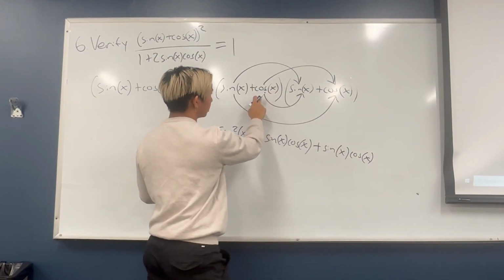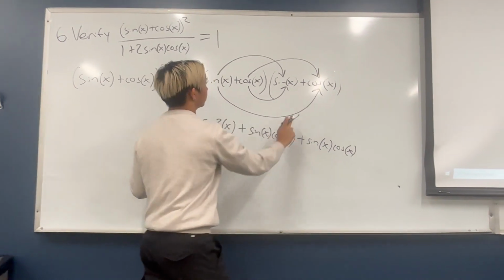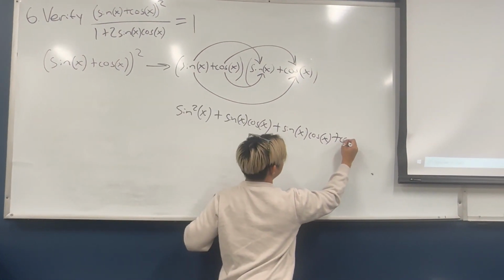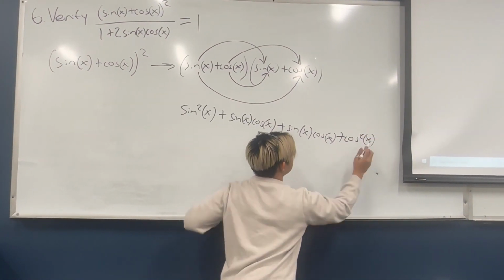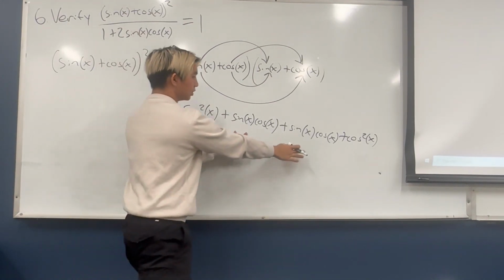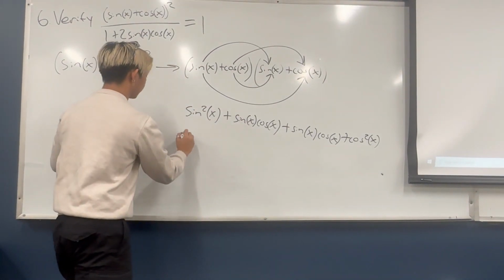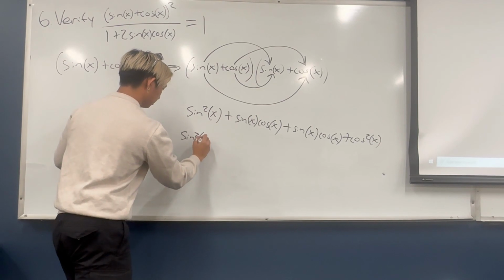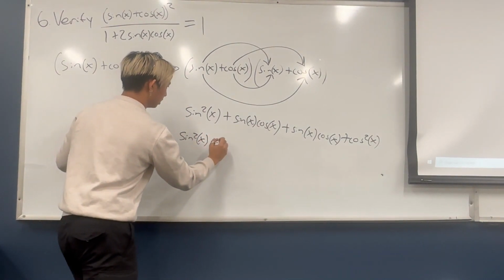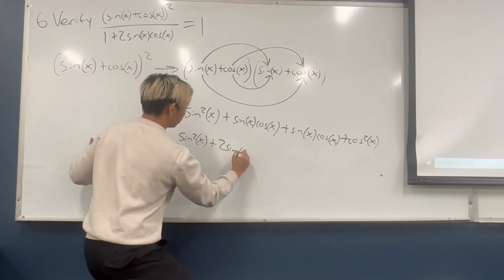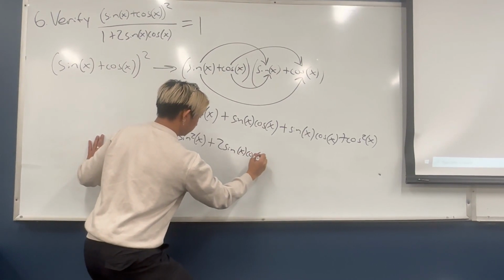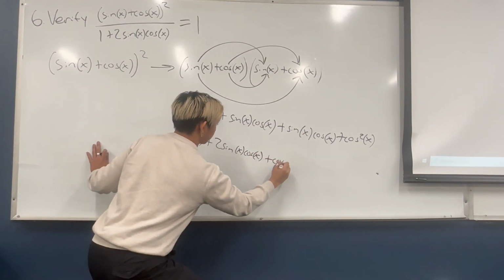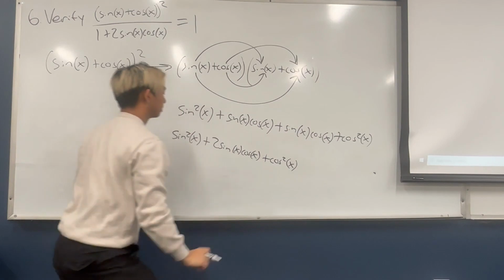And then our last one is cosine times cosine. So we have cosine squared of x. So I'm going to combine these two because they are the same thing. So this becomes sine squared x plus 2 sine x cosine x plus cosine squared of x.